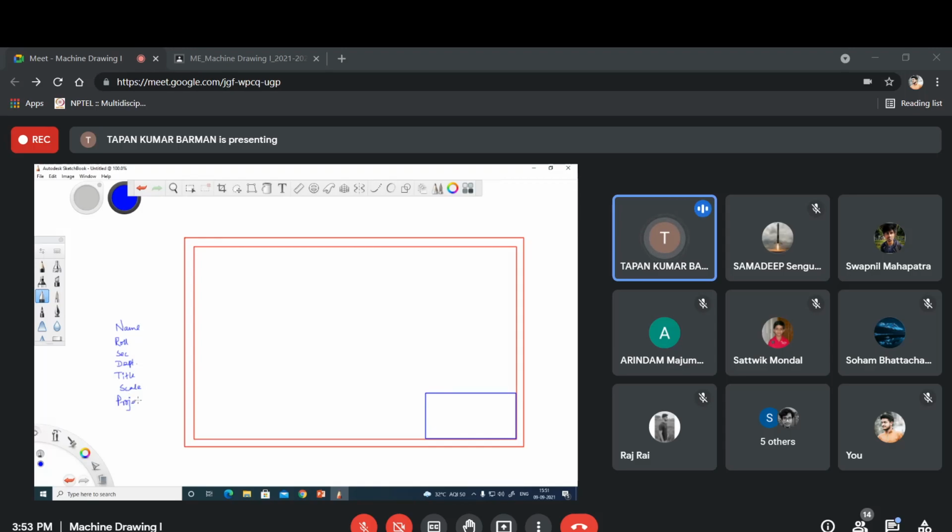I am writing here using projection symbol, but you need to incorporate the symbol for first angle or third angle, whichever you have used for the drawing. Then date of submission. So at least this information should be incorporated in your title block or nameplate.